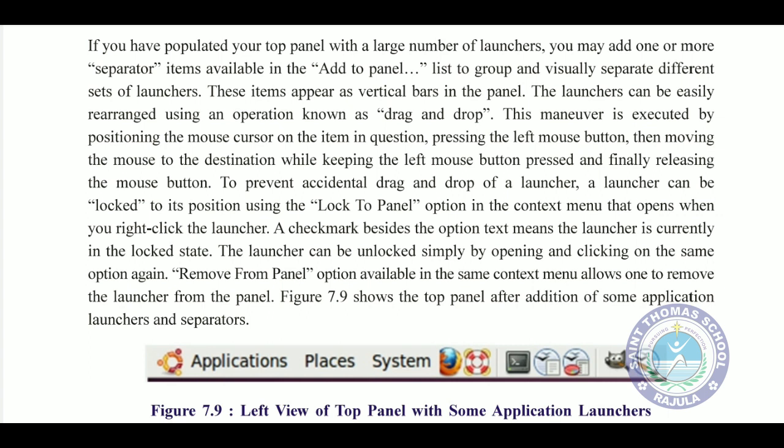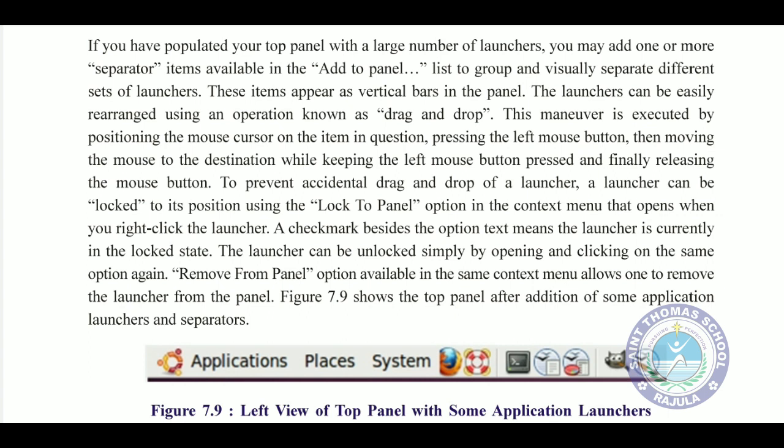Then the question is, if you have put many application launchers on the top panel, then you can put some separators between them. Suppose some application launchers are used to access network-related tasks, then you may put those together. Suppose some are for file-related tasks, then you may put those together as well.